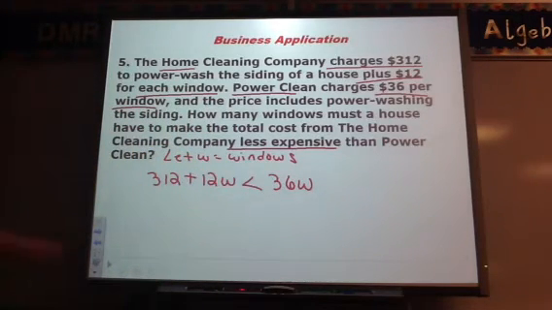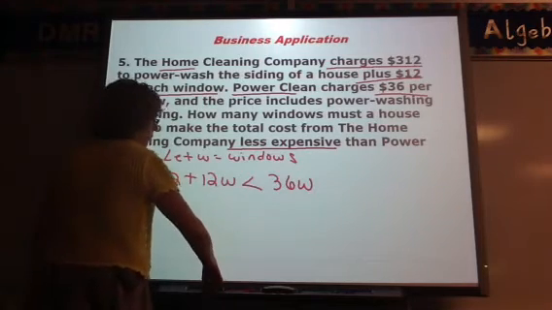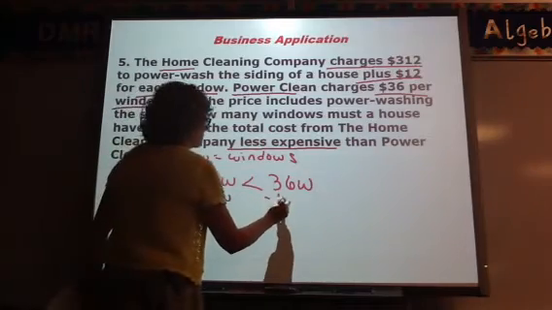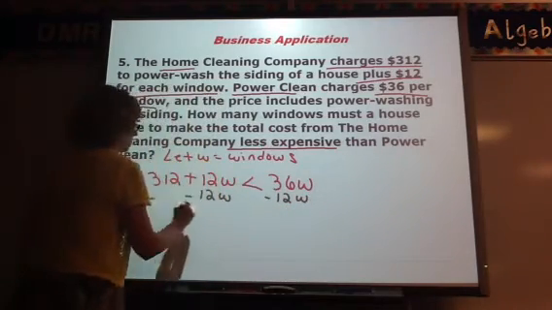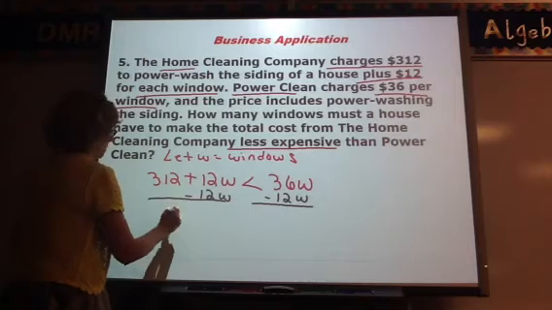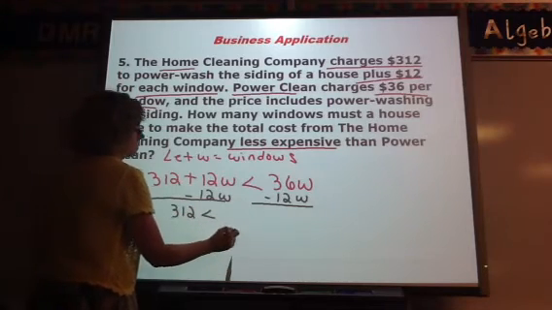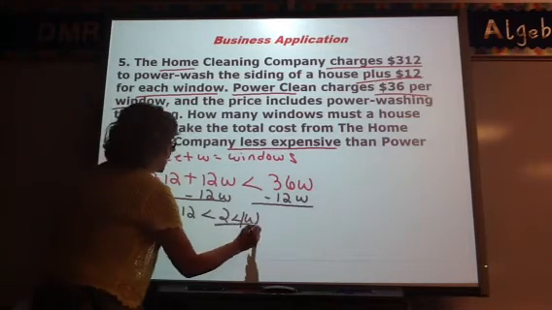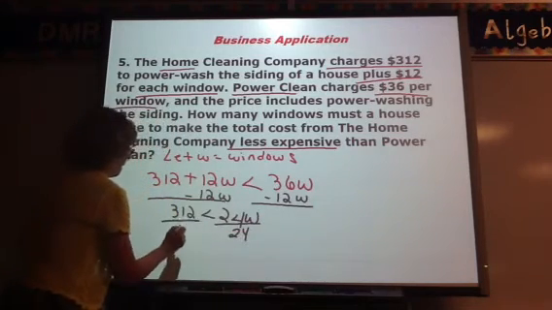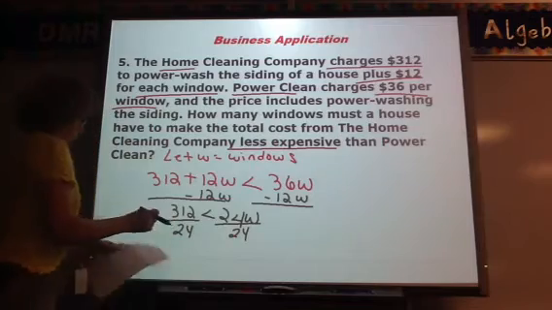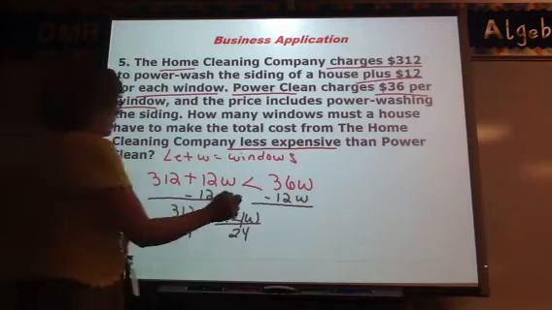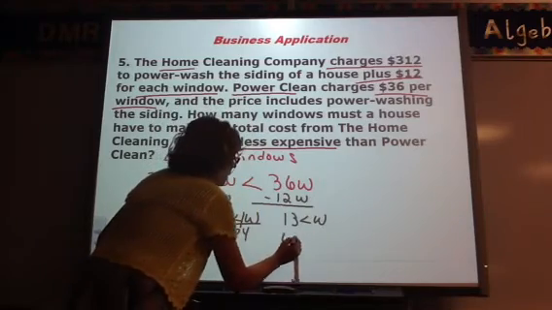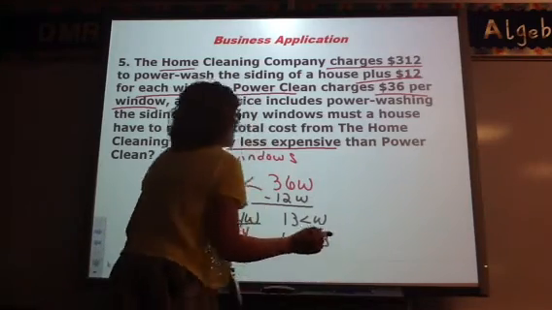So this is how we set up our inequality, and we're going to solve for W. So let's collect our terms. Divide by 24. So I have 13 is less than W, or the windows are greater than 13.